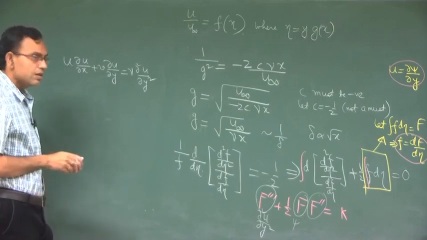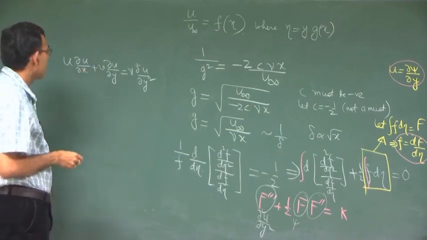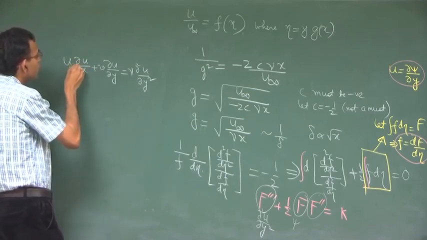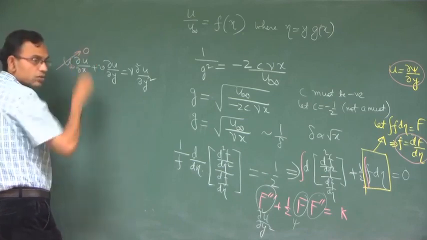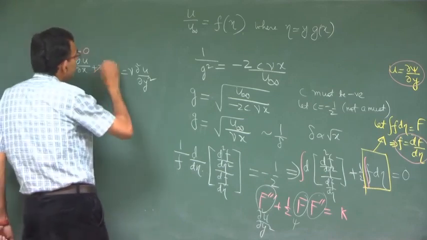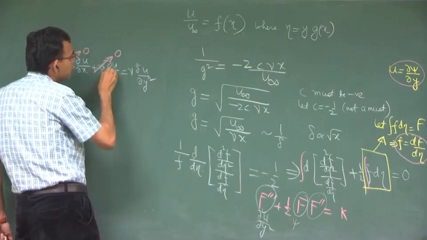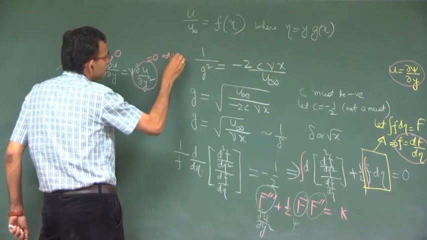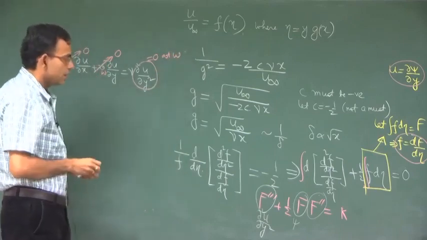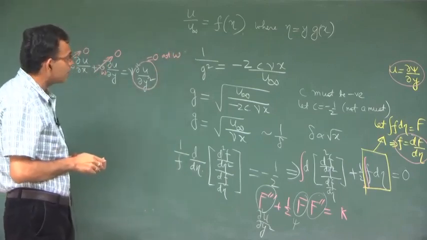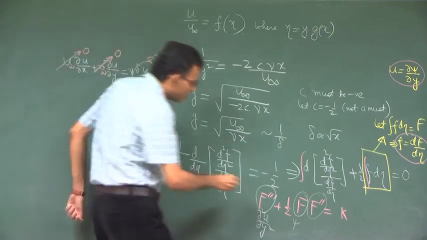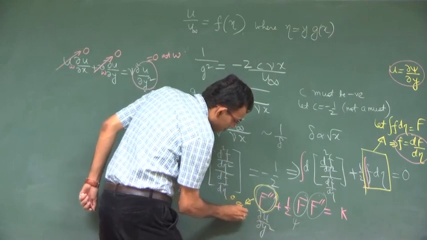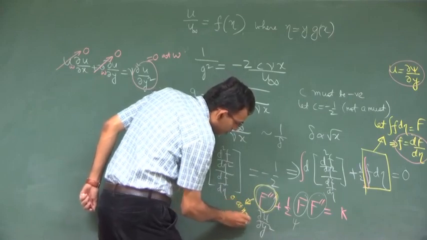So, at the wall you can apply this equation. At the wall, u wall is 0, no slip, v wall equal to 0, no penetration, this means that this is equal to 0 at wall, right. If this is equal to 0 at wall, that means this is also 0 at eta equal to 0, which is the wall.